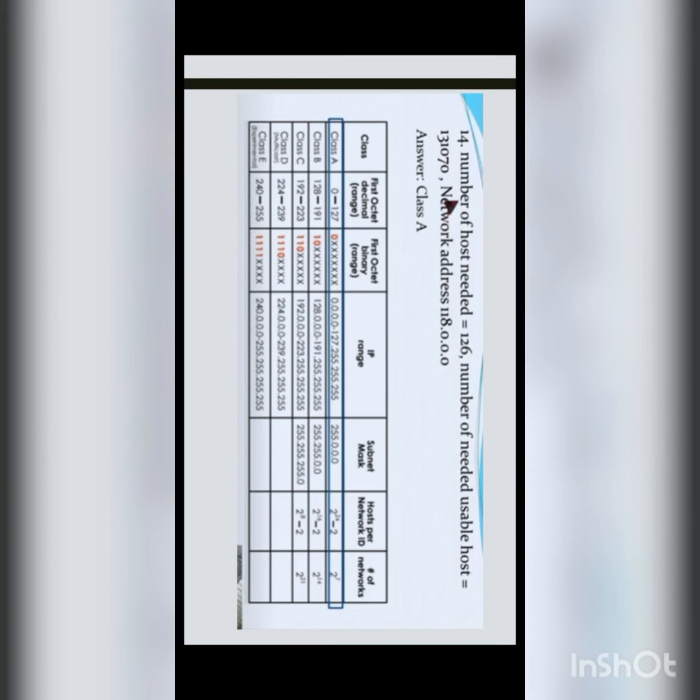So it belongs to class A, which is the number of hosts from the first octet is 126. The first octet is 0 to 127, and then the number needed usable host is 131070. So it belongs to class A.